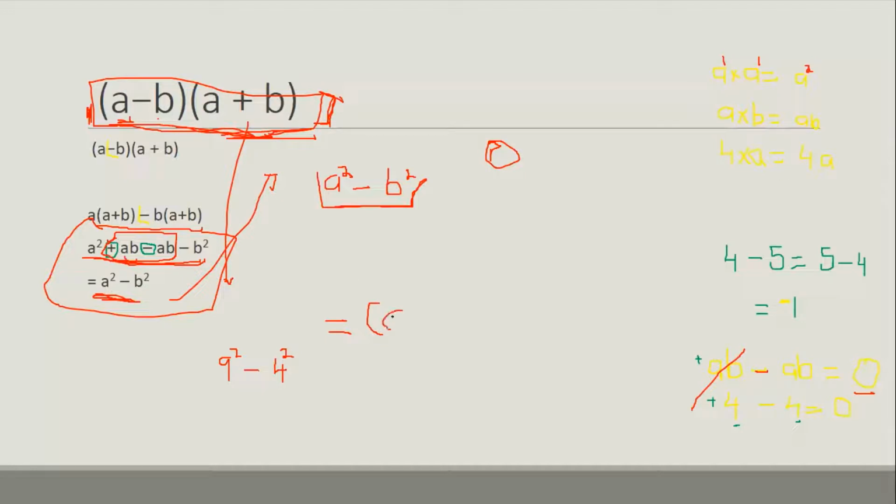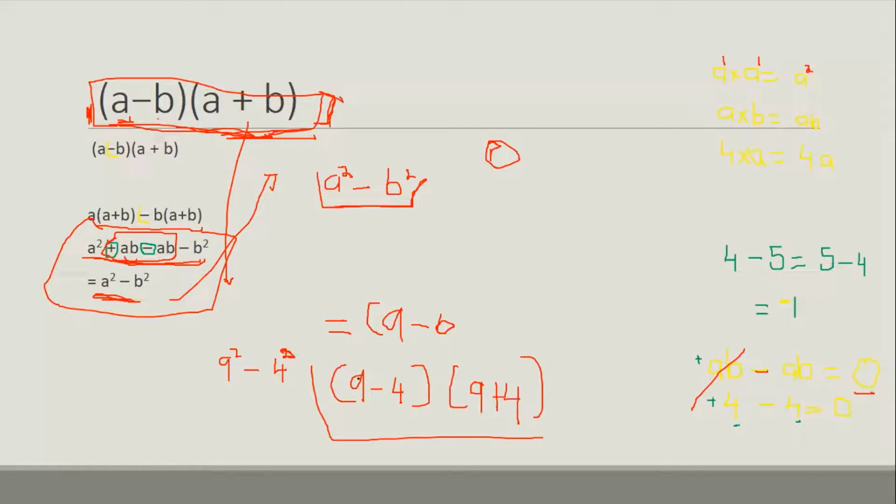So remember, as long as you see two squares together, automatically you have to know it's going to be (9 minus 4) into (9 plus 4). You have to eliminate the squares when writing your answer. Mathematically it's supposed to be written like this.